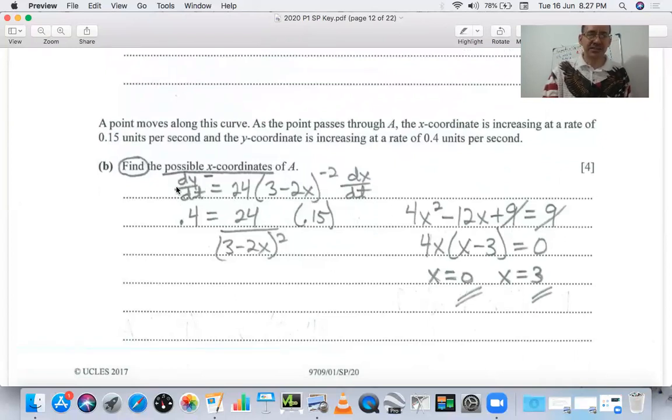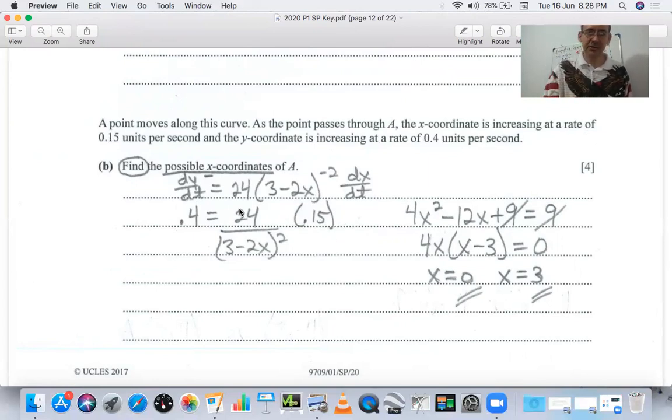So now we can see how the y-axis changes with respect to time, which it says right here, the y-coordinate increases, that means positive 0.4 units per second. So we replace dy dt with 0.4, and then our x-coordinate increases at a rate of 0.15. Again, it's increasing, so it's a positive 0.15. Decreasing would be negative.